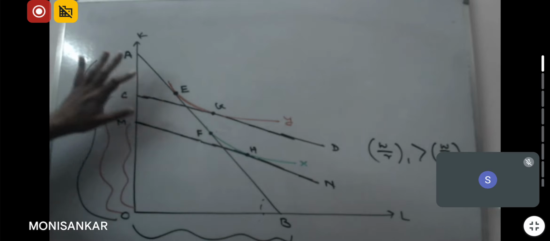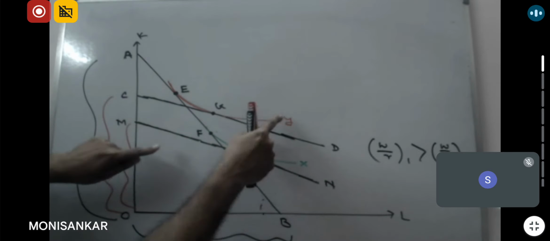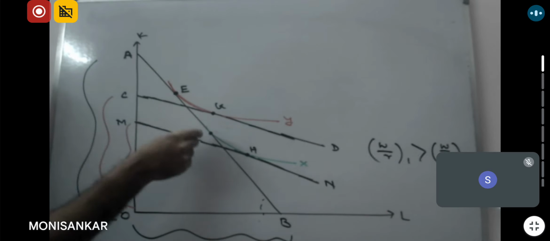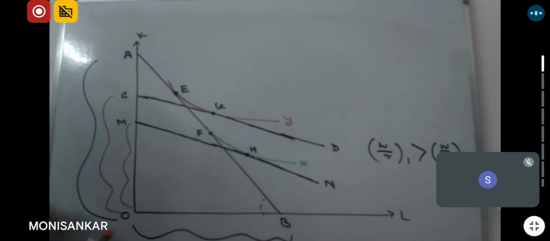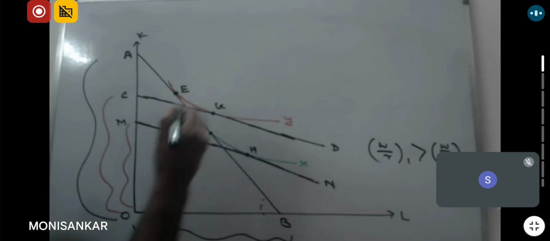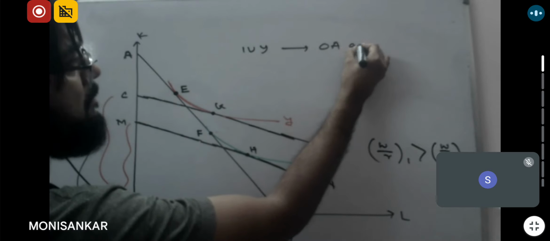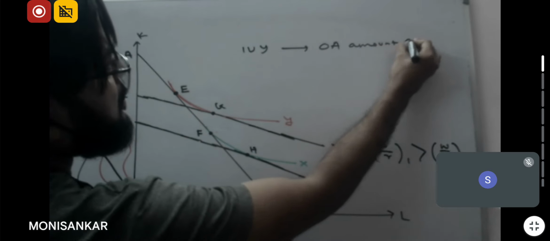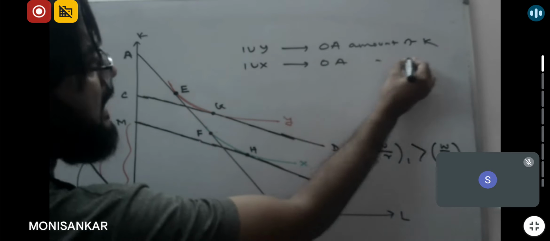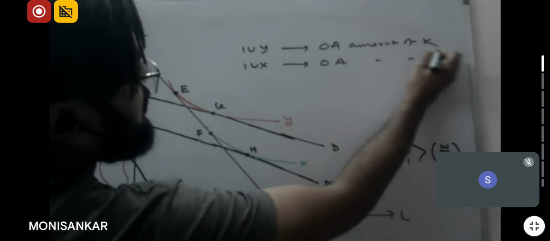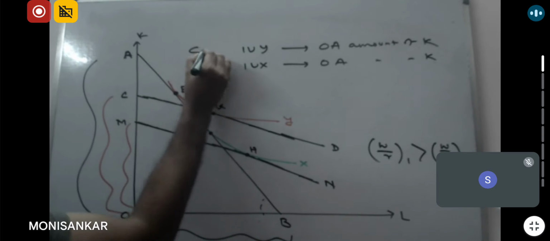For country 1, we take X and Y both tangent at E and F, that is on the same isoquant. So to produce 1 unit of Y requires OA amount of capital, and 1 unit of X, OA amount of capital. But for country 2, this is for country 1.